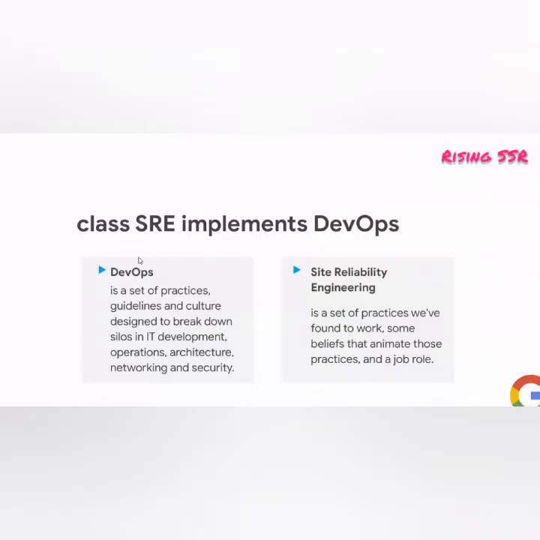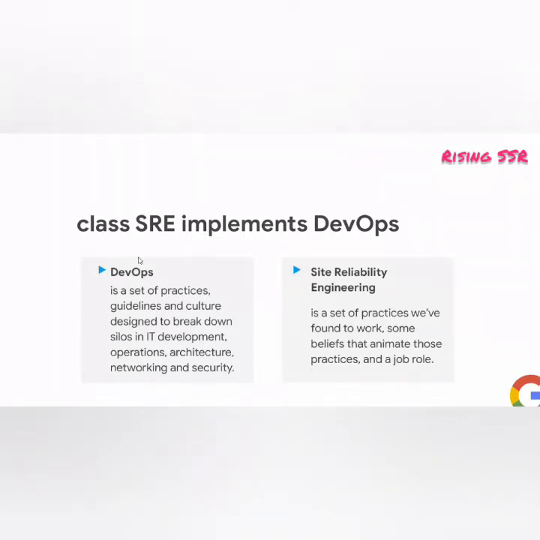All right. Just remember this fundamental definition. I'm sure most of us have experienced object-oriented programming in any language, whether Java or .NET. We know what a class is and what the construct of a class is. So you can visualize it this way: SRE is a class which implements DevOps.